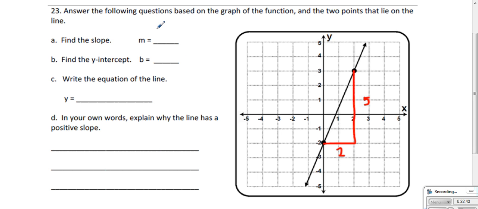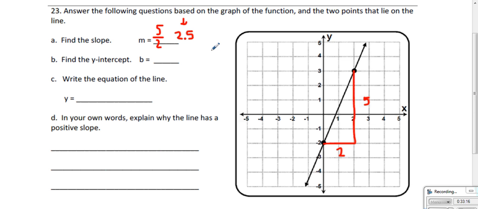Now, the slope is 5 over 2, but this is one of those slopes that you can go ahead and divide, 5 divided by 2, and it becomes a nice 2.5. Sometimes when it doesn't become a nice decimal, you just leave it in fraction form, but 2.5 is a nice decimal. It's a terminating decimal. That's the way it should be. So the slope I'm going to go with is 2.5.